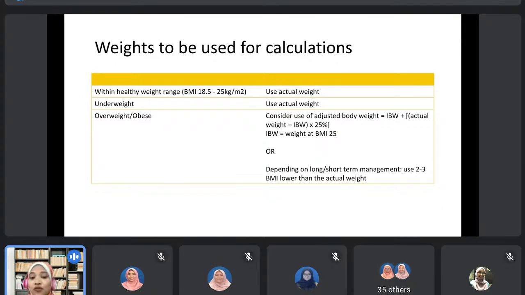So meaning that satu bulan hanya 2 ke 4 kilogram saja. So dia perlu turunkan berat badan hanya 2 ke 4 kilogram. So could be BMI 1 point saja, turun 31 ataupun BMI 30 pun dah memadai dalam masa 1 bulan itu. So that's why you kena ada short and also long term management.